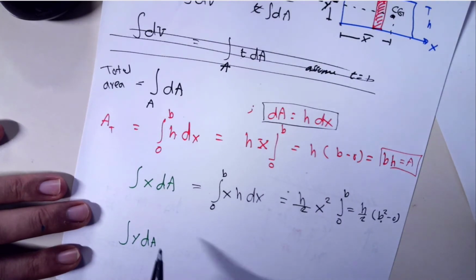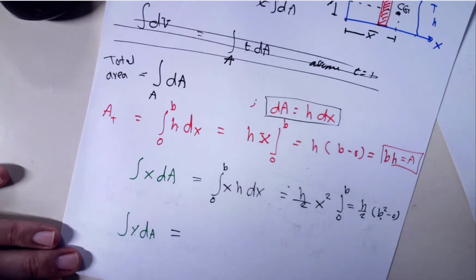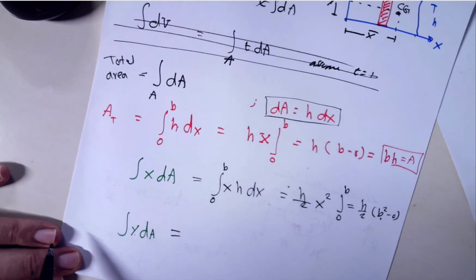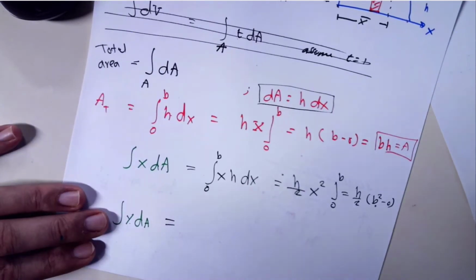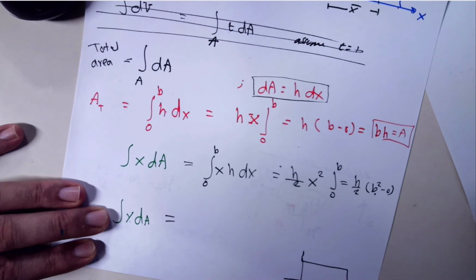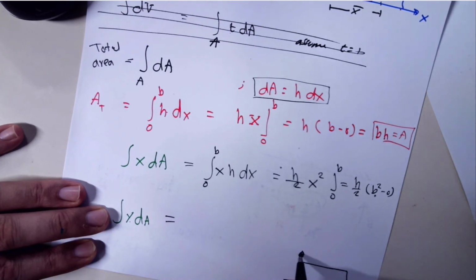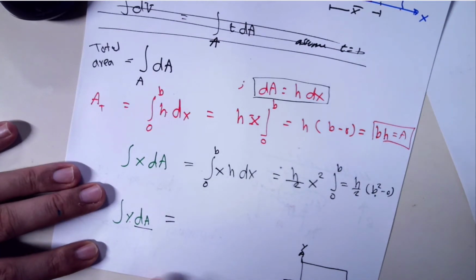Now, what about the y dA? To be able to do this one, my dA must be written in dy, meaning I'm going to redefine my element. So this is my x and this is my y, right? I want this to be written as a differential of y.